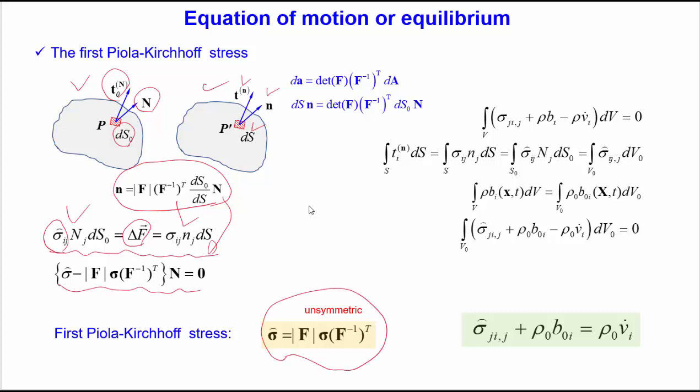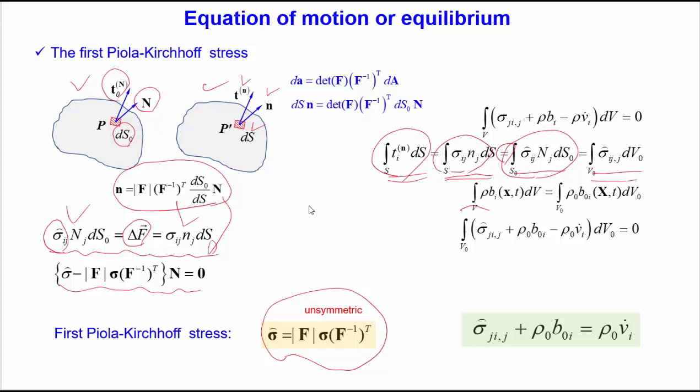Because the surface force exerted on the surface elements dS and dS0 owing to the Cauchy stress and the first Piola-Kirchhoff stress in the two coordinate systems, respectively, should be the same, we can transform the surface force from the spatial coordinate system to the material coordinate system, as described in this relation.